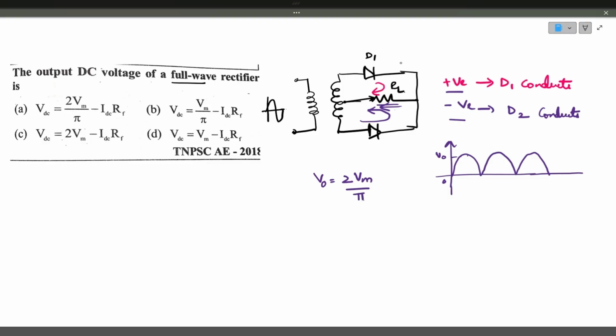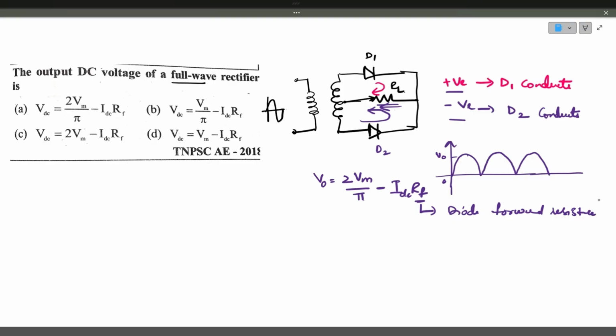If you observe carefully, diodes D1 and D2 do not conduct simultaneously. During the positive half cycle D1 conducts, and during the negative half cycle D2 conducts. So there will be the diode drop also, so it is IDC into RF, where RF is the diode forward resistance.